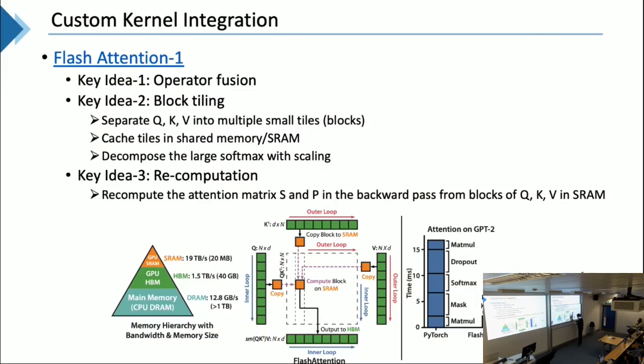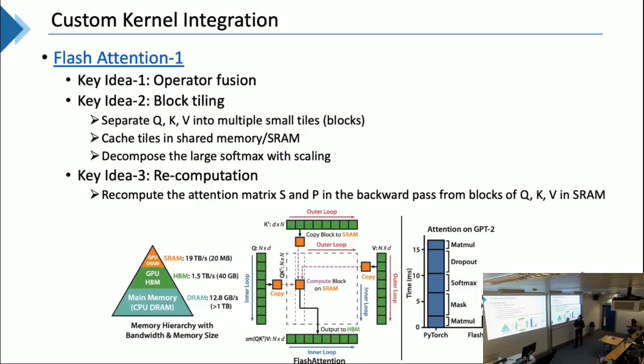So basically, if you don't do this operator fusion, it involves up to 5 times of memory traffic between your compute core and global memory. Let's say this is your global memory.